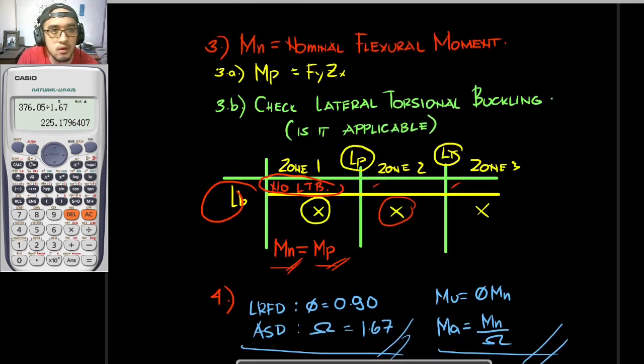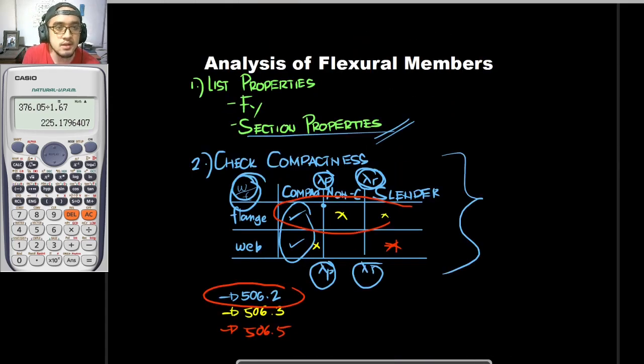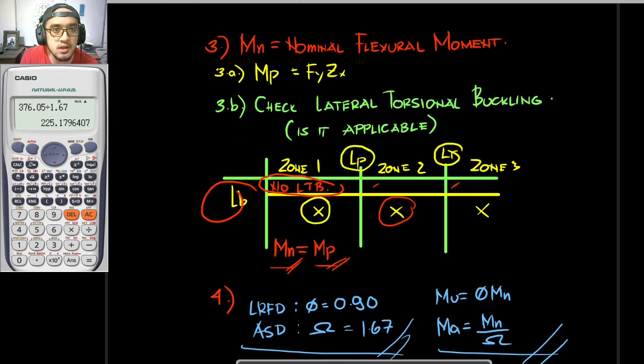If we are to check these steps again, the first step is to list the properties, the second step is to check the compactness of the section, and the third step is to get the nominal flexural moment. The first step in the third step is to get the plastic moment by FYZX.